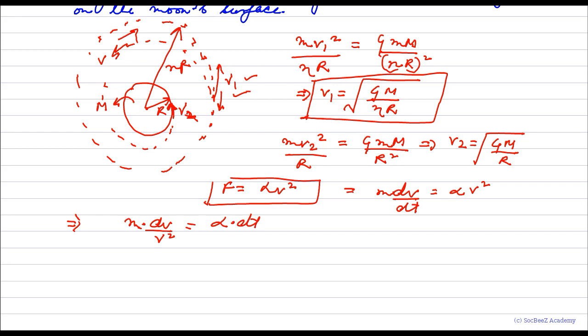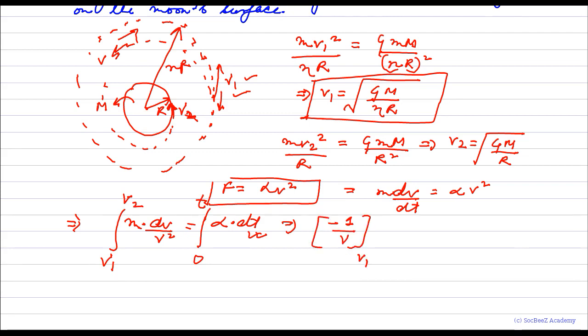In order to find out the time for which this satellite flies until it strikes the moon, I basically need to integrate. So this is going to be from 0 to t, and this is going to be from v1 to v2. So this gives me minus 1 by v from v1 to v2 equals α by m into t.